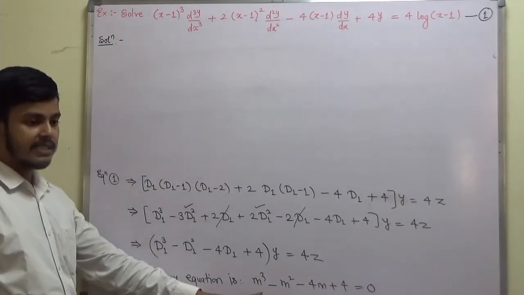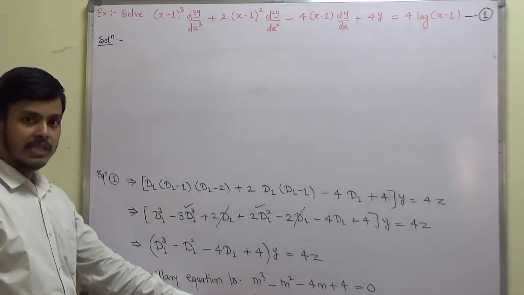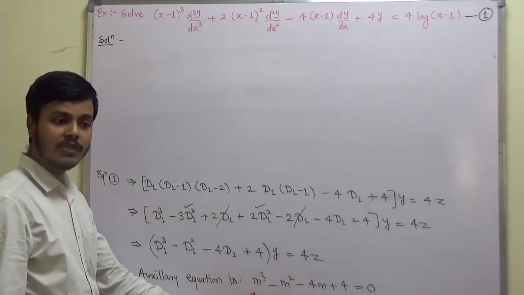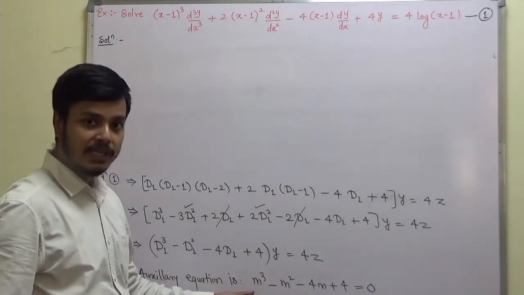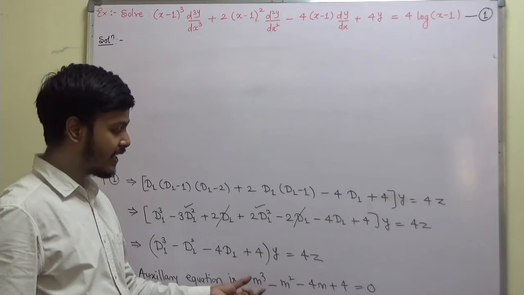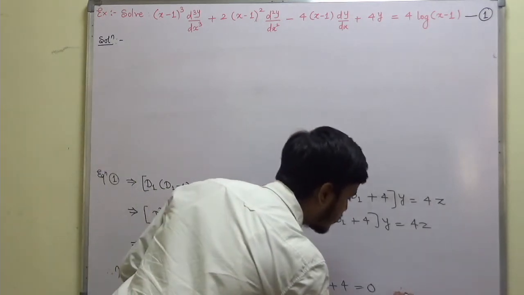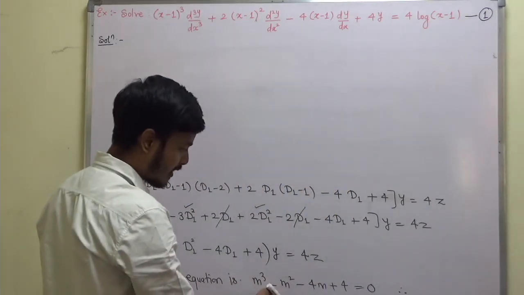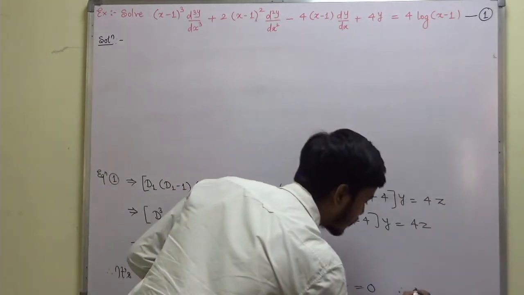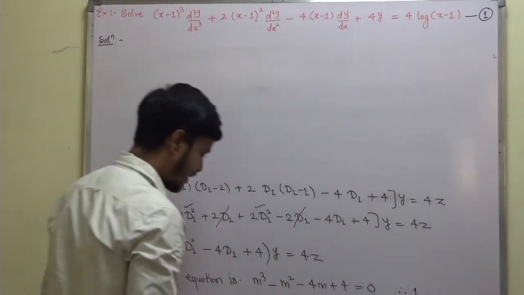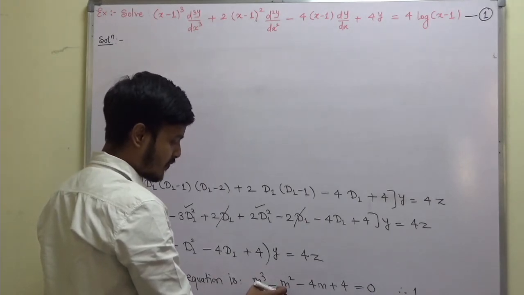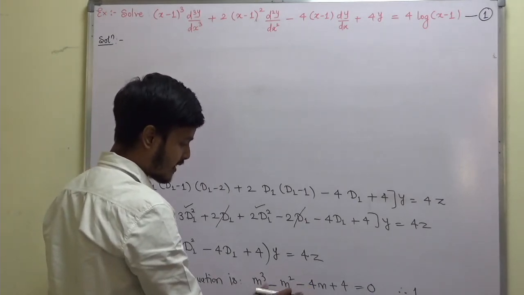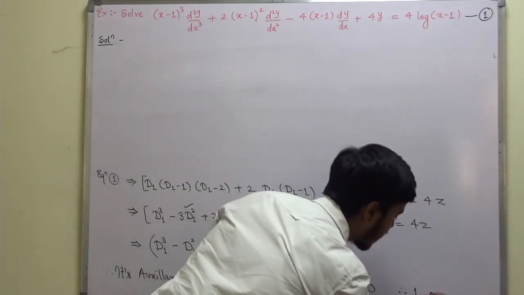You know how to get the roots of a cubic equation; you can make use of the calculator or find them manually. Checking 1: 1 minus 1 minus 4 plus 4 is 0. Then for 2: 8 minus 4, minus 8 plus 4, this gets cancelled, and similarly for minus 2.